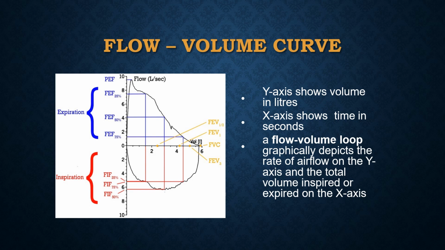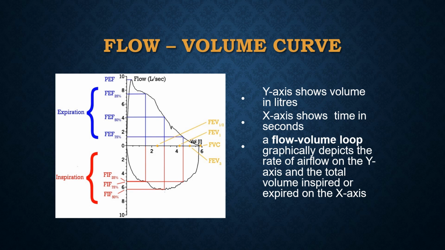So this is a flow volume curve. What is it? It is the rate of airflow noted during the maximum expiration, which can be plotted against volume change to give a flow volume curve. Here in this picture you can see the y-axis shows volume in liters and the x-axis shows time in seconds.